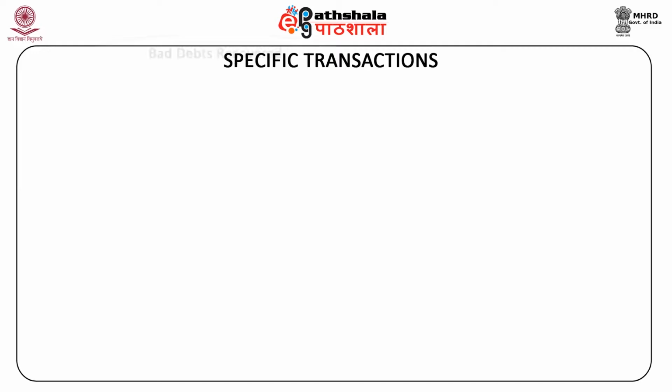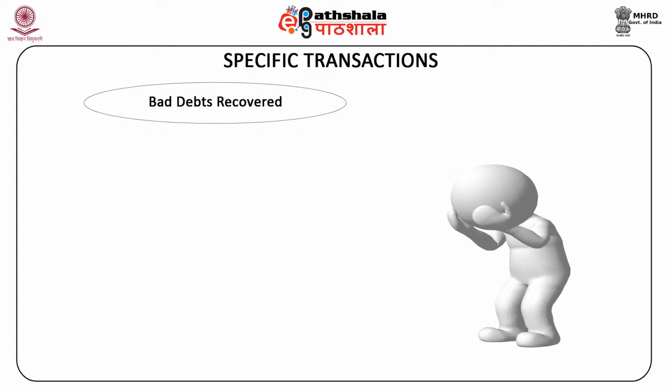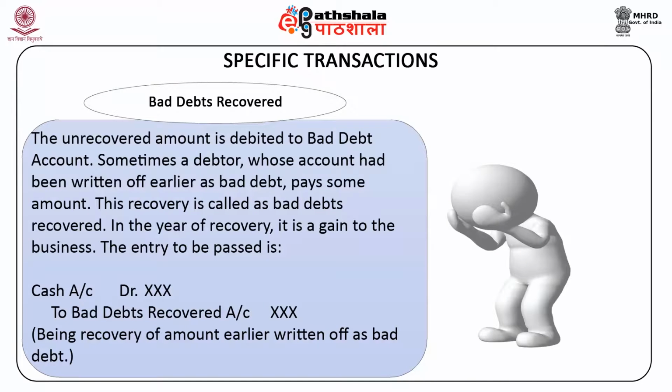Next is bad debts recovered. In this, the unrecovered amount is debited to bad debt account. Sometimes a debtor whose account has been written off earlier as bad debt pays some amount. This recovery is called as bad debts recovered.